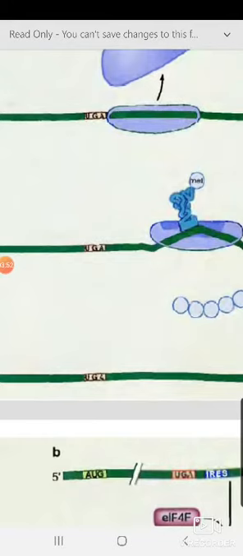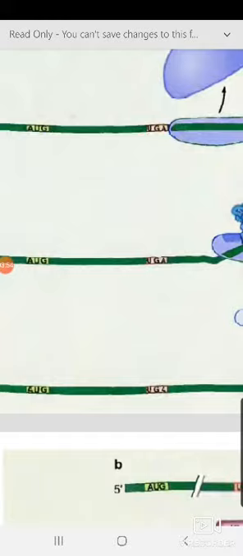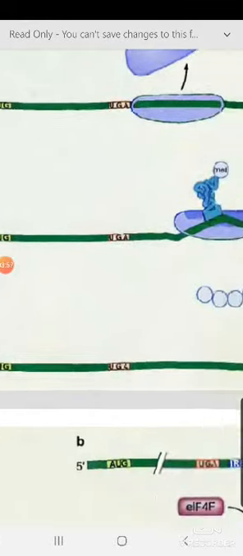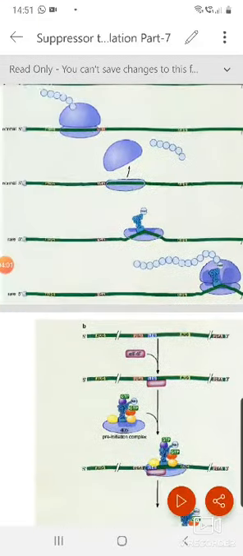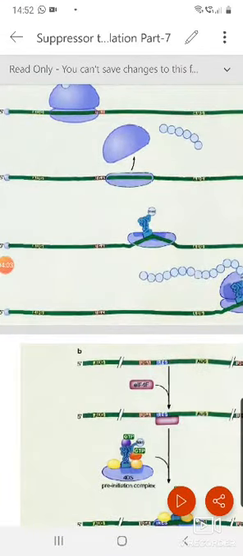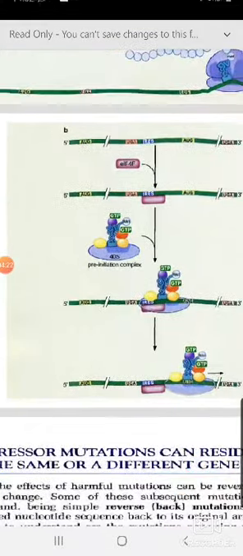When the first one is going on, at the same time a little bit of translation is always on because of this reason. So the upstream open reading frame sometimes occupies the smaller subunit of the ribosome with the initiator tRNA, and because of that, translation of the main open reading frame is always happening.